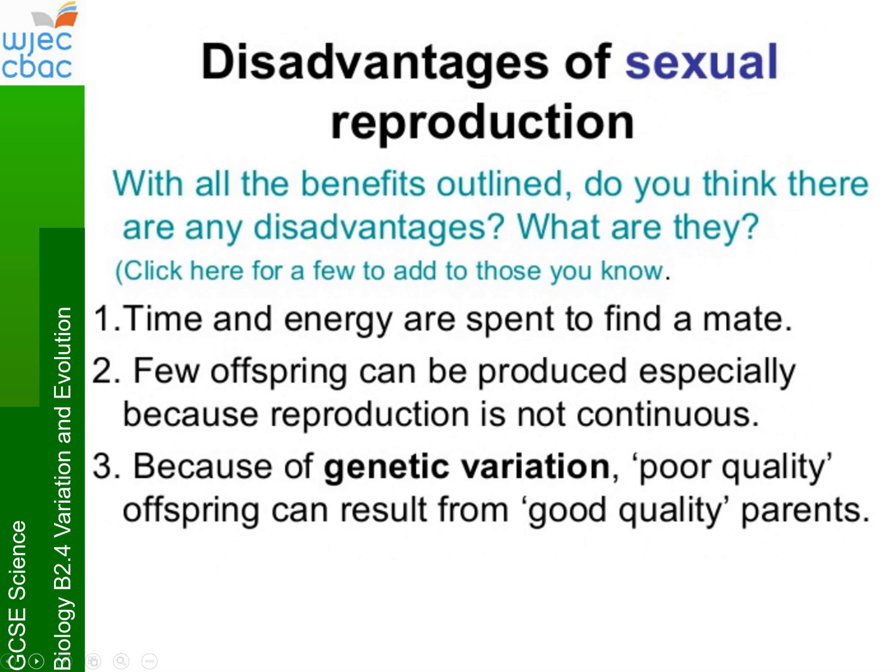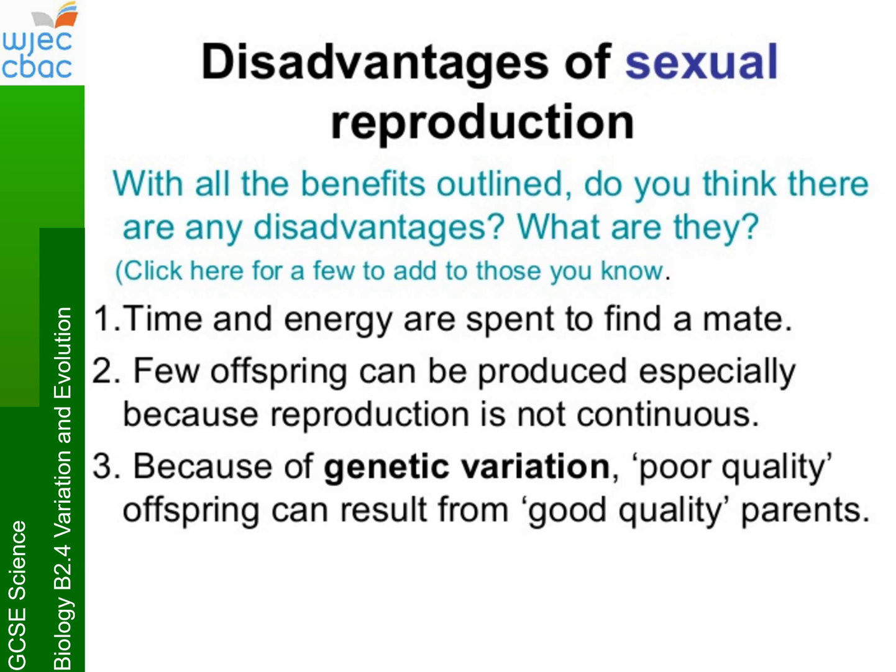Finally, our disadvantages of sexual reproduction. 3 here. Time and energy is spent to find a mate. There might be fewer offspring being reproduced in sexual reproduction, especially because reproduction is not continuous, and particularly in species like birds and humans, in the animal species, they may have far fewer offspring because they might be looking after the offspring.